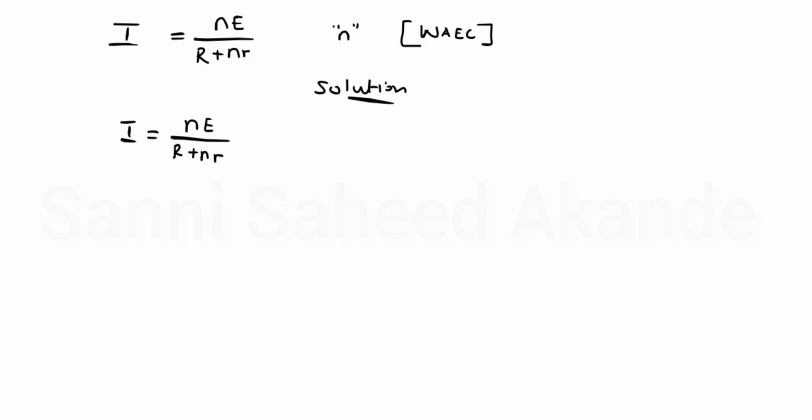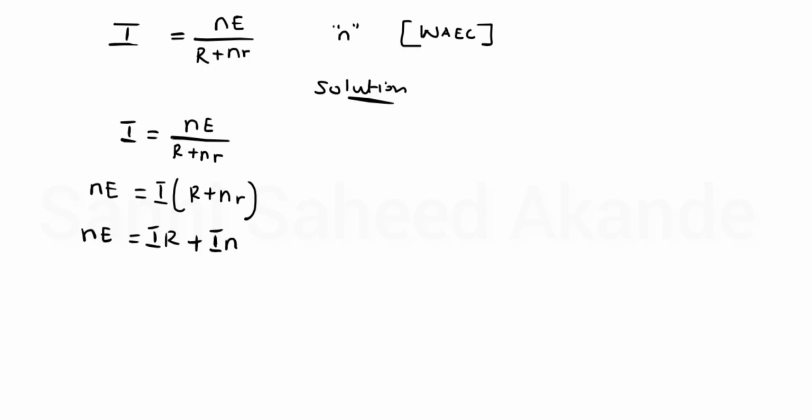When you cross multiply, you have nE equal to I times R plus nr. Since we are making n the subject of formula and we have two n here, this is one and this is the second one, we must make sure that those two n are together. Is that understood? So in that case, we have to open this bracket. So you have nE equal to I times R is IR, then plus I times nr will give us Inr.